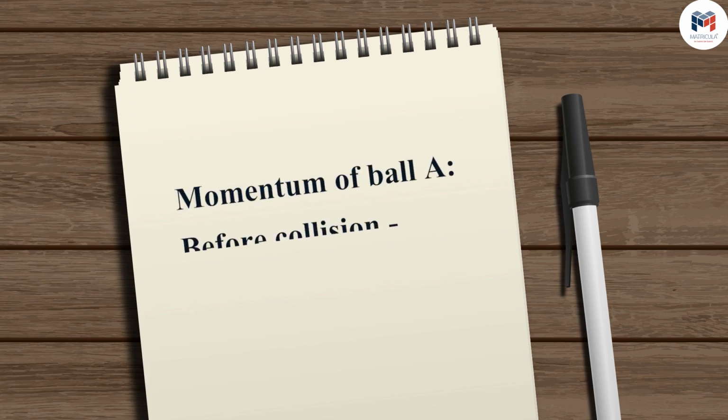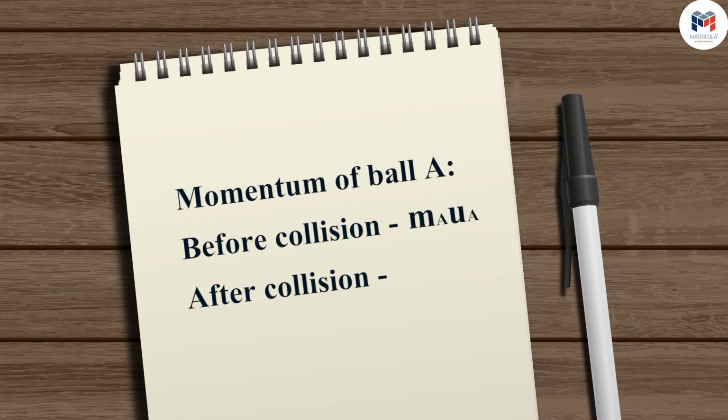Now, from the definition of momentum, we can say that the momentum of ball A before and after the collision is ma ua and ma va respectively.